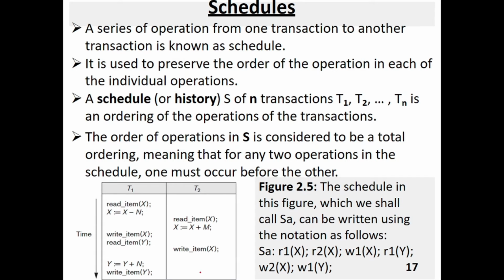As you see here, transaction 1 reads item X and modifies the value. During this time, transaction 2 waits on hold.